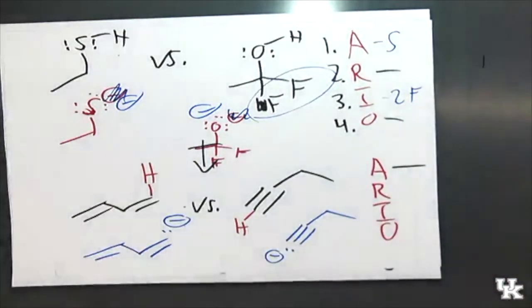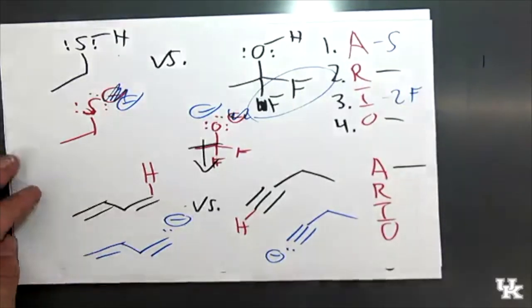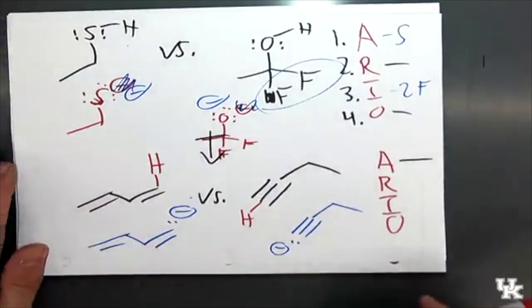What about resonance? Are there any differences in resonance? What if I told you there were? What if I told you that now there are differences in resonance because you have a conjugated system?